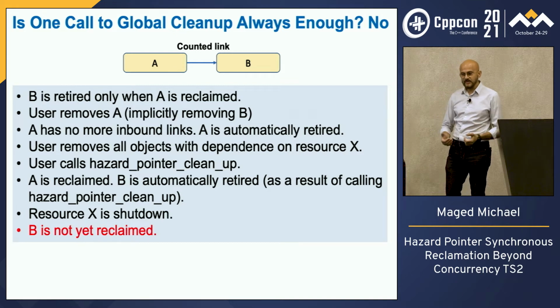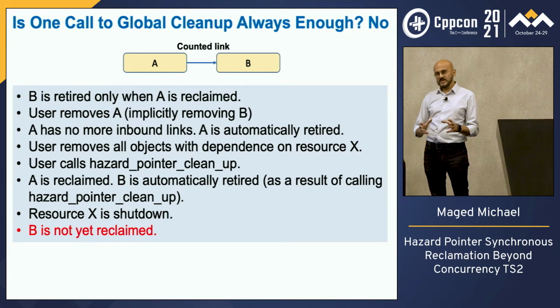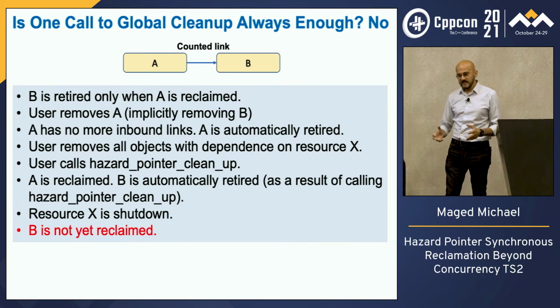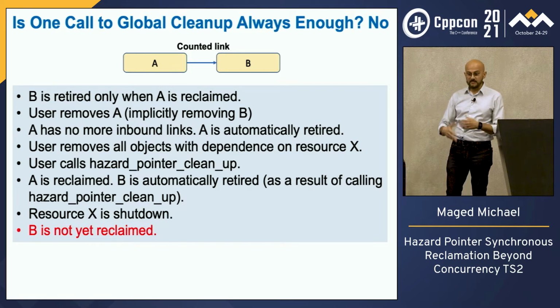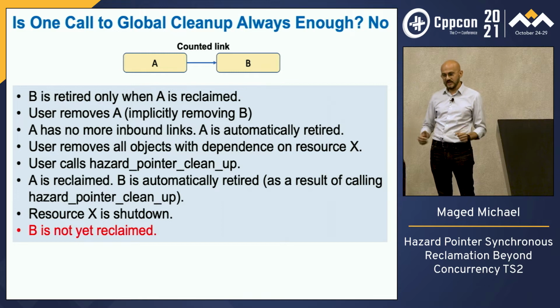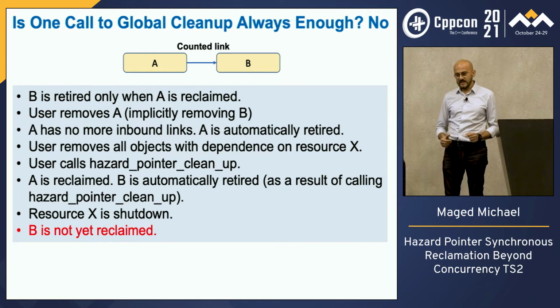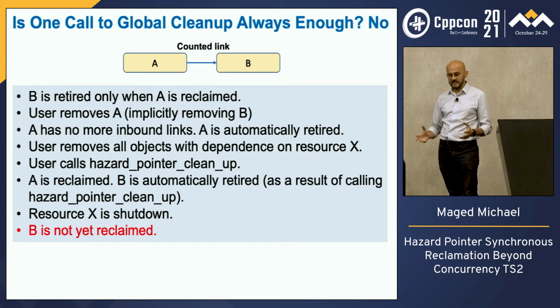Here, object A is holding the only remaining link to object B. Some thread removed A, which implicitly removed B, because that's the only link to it. And A has no more inbound links, so A is automatically retired.